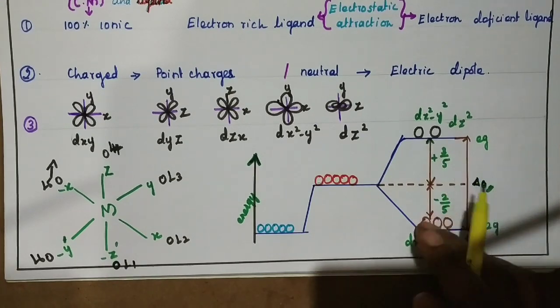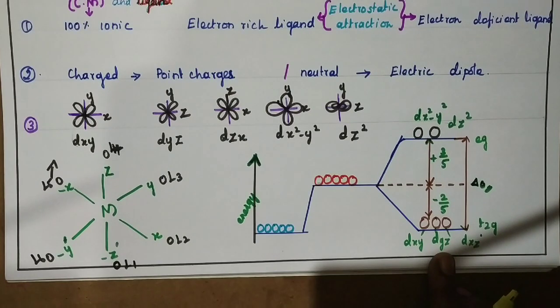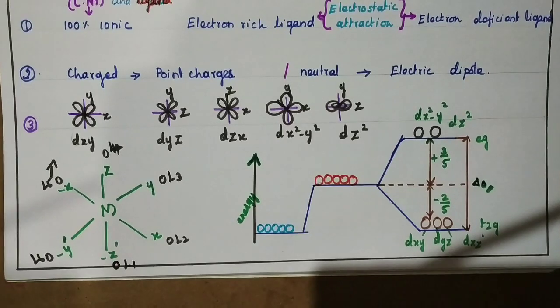Students, this is the splitting of d orbitals in octahedral complexes, the crystal field splitting in the octahedral complex.